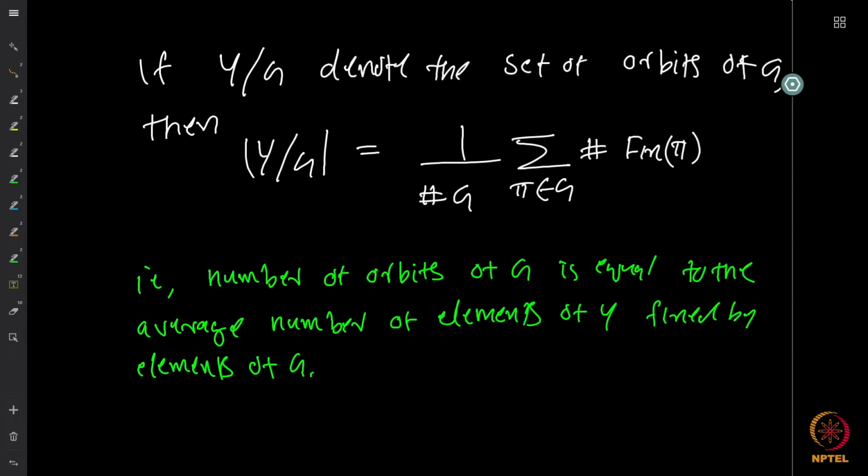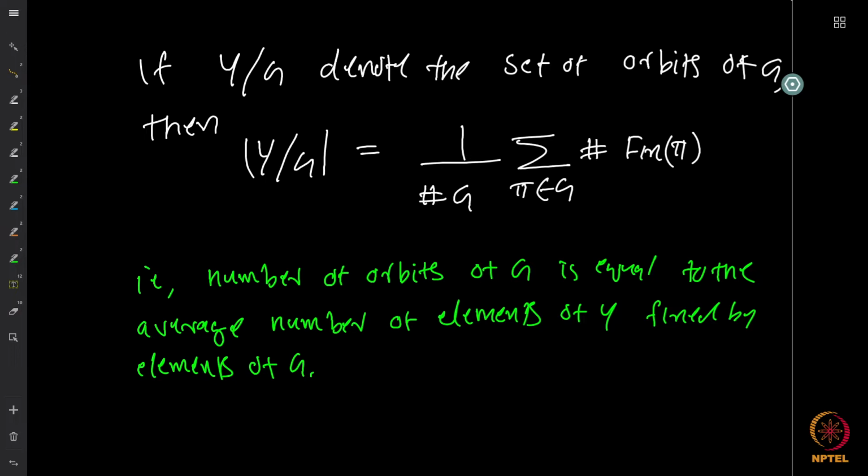When you have the group acting on the set, you get a partition into equivalence classes, because the G equivalence is an equivalence relation, and these equivalence classes are called the orbits. So the elements which are taken by the action of a group, like if I take one element, it is going to a subset of the elements, and these subsets form an equivalence class, and that is an orbit, and so we get this orbit.